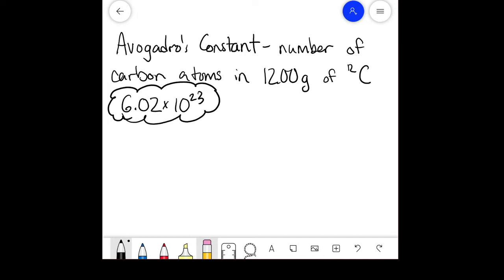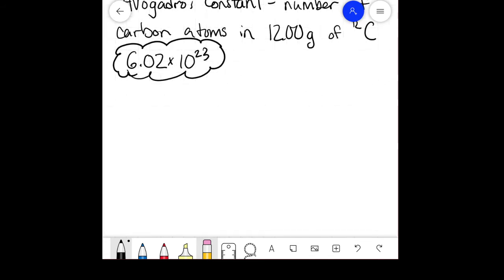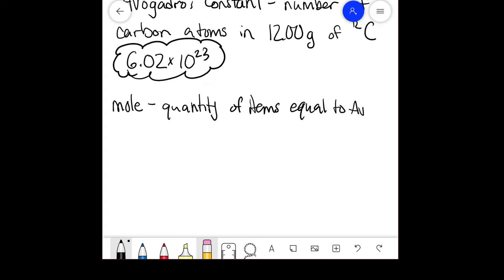And so what you can do with Avogadro's constant is it allows you to convert to and from moles. And so what a mole is, it is the quantity of items equal to Avogadro's constant.